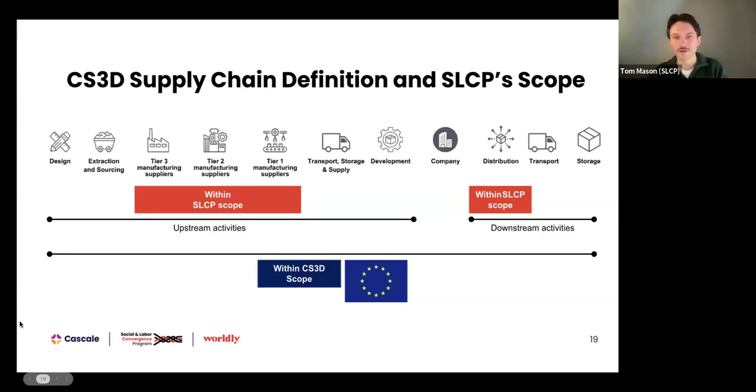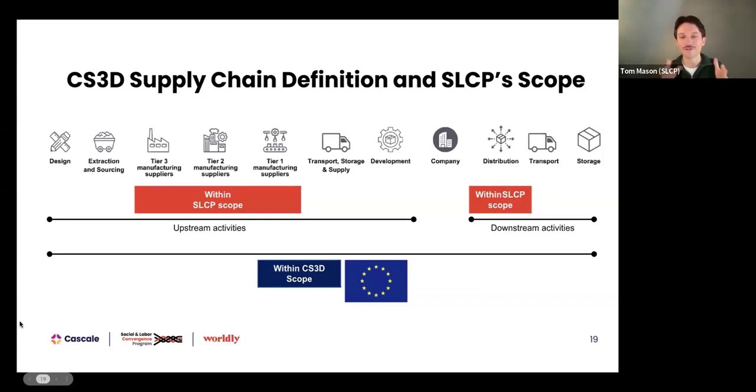You can see here on the screen, the scope of CSDDD is for the whole supply chain. This means all the way through from raw materials and extraction, all the way through to distribution and downstream as well. Now you can see here on the screen that SLCP and the CAF is only implemented in the manufacturing or facility stages of the supply chain.